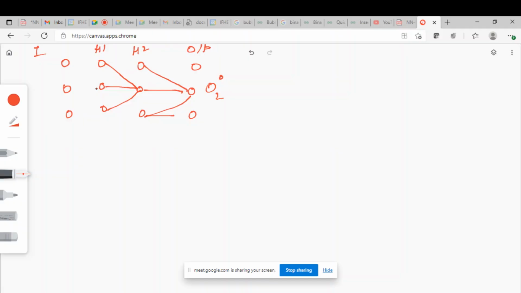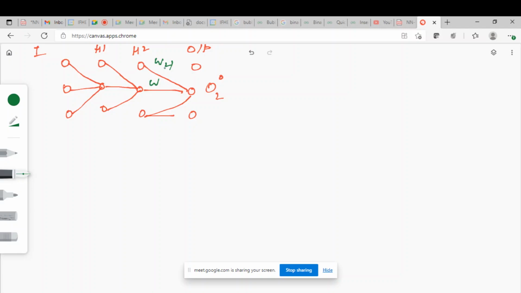So we have to use now 3 parameters for weight. For here let us use W: W11, W12, W22. This is the first neuron, second neuron, third neuron of the input layer. First, second, third neuron of hidden layer 1. First, second, third neuron of hidden layer 2.